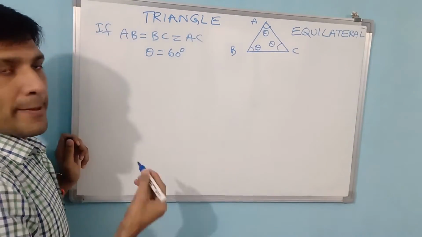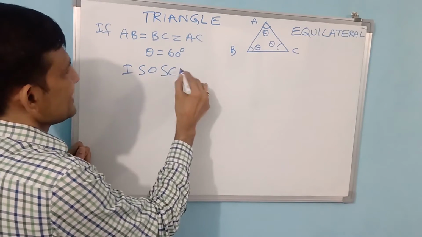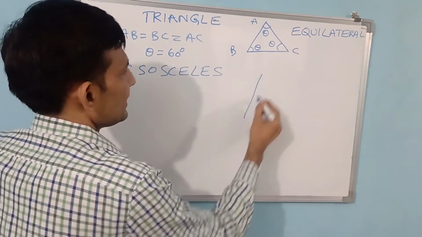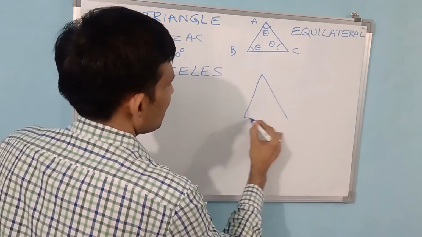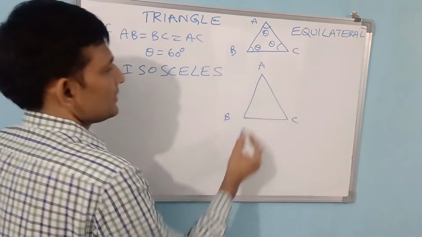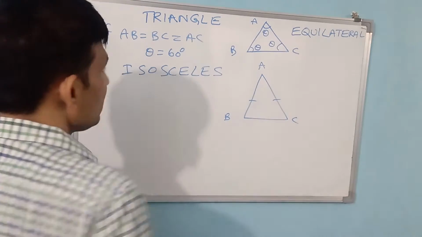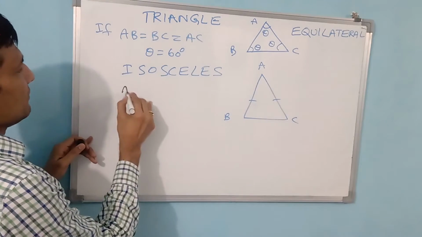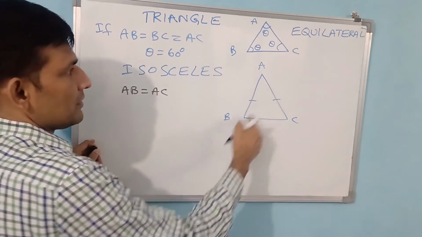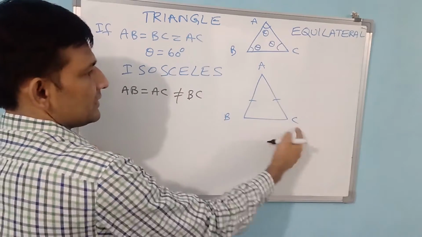Now we see the isosceles triangle. A, B, C. Here in an isosceles triangle, AB is equal to AC, but not equal to BC.